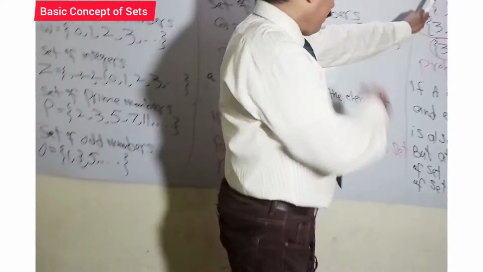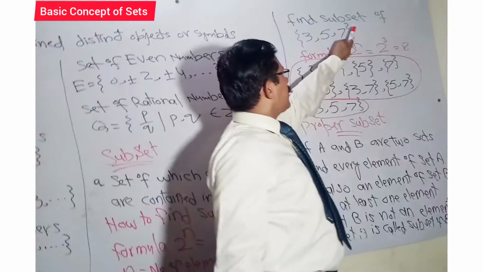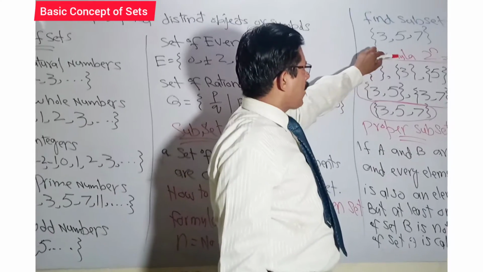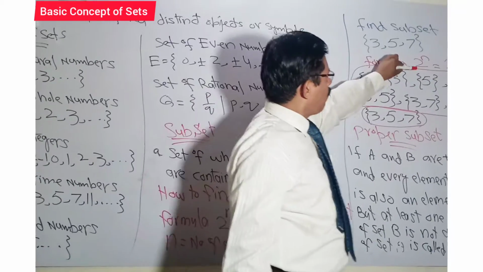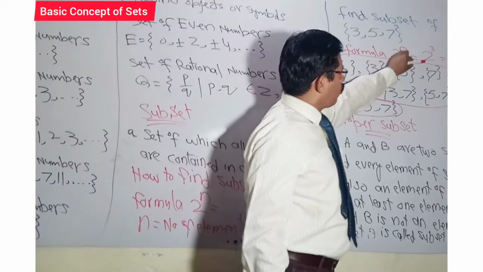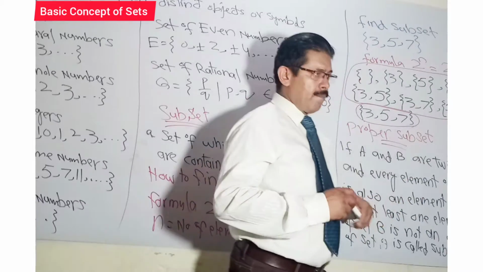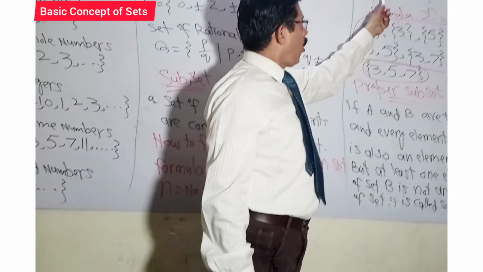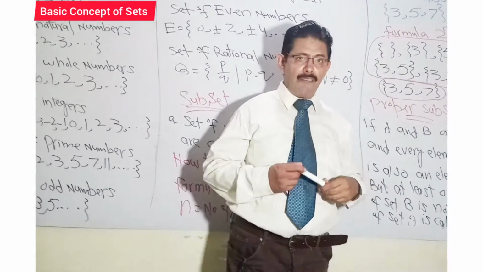I will explain with an example. Look at the board. Find subsets of {3, 5, 7}. First of all, I will write the formula: 2 to the power n is equal to 2 to the power 3, which is equal to 8. It means there are 8 subsets of this given set 3, 5, 7.